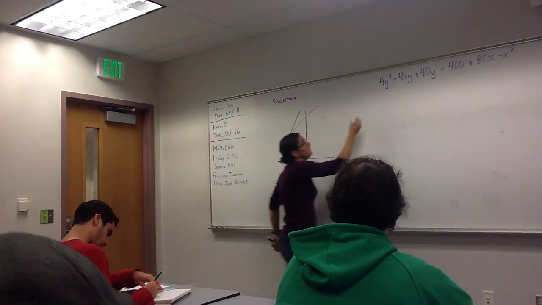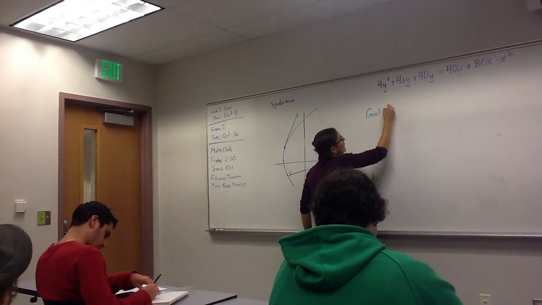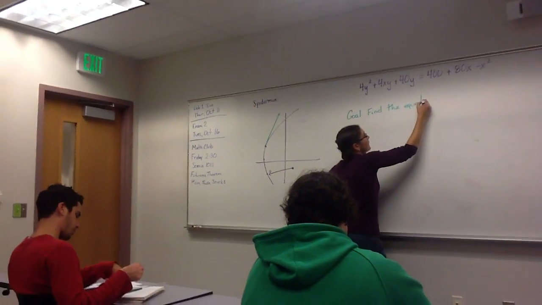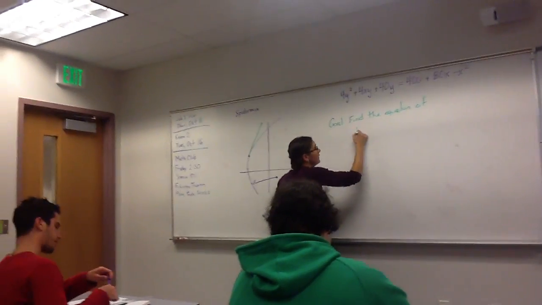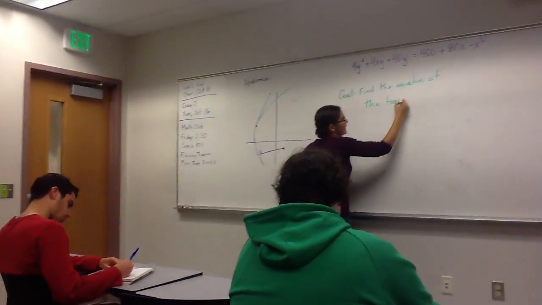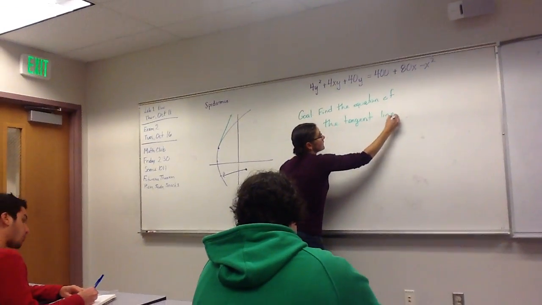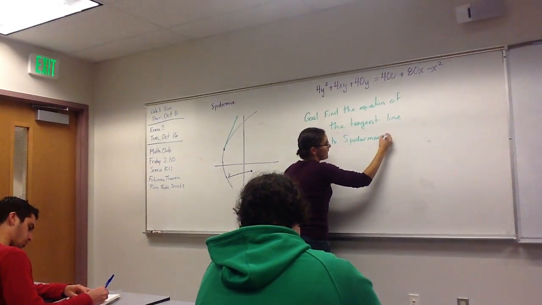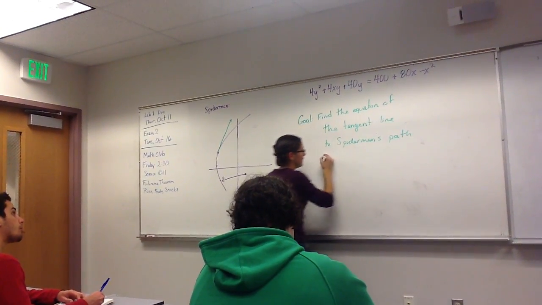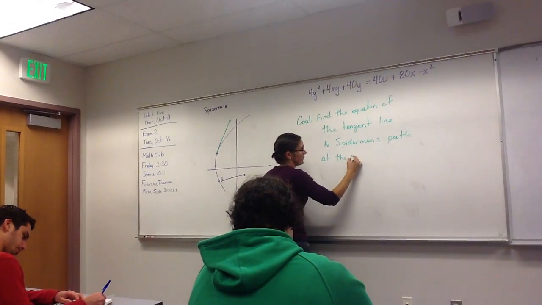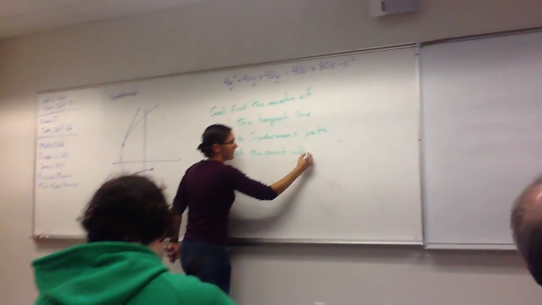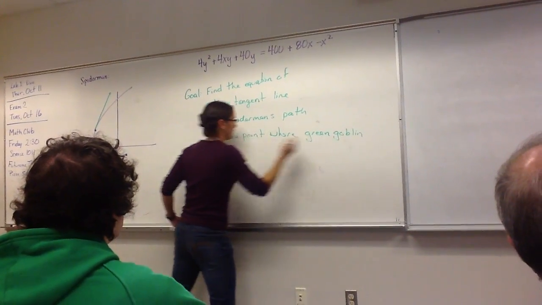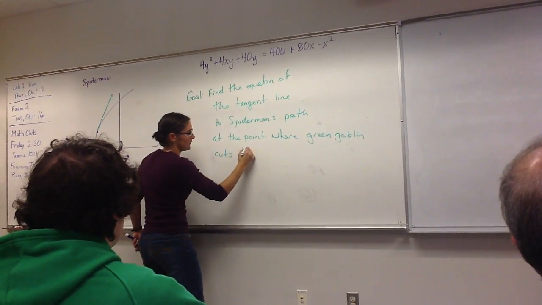And so our goal is to find the equation of the tangent line to Spider-Man's path at the point where Green Goblin cuts the web.